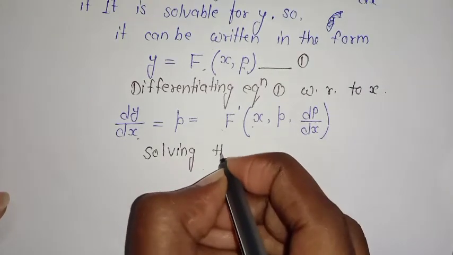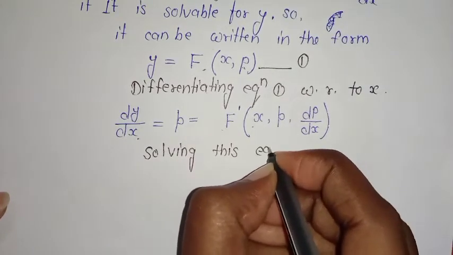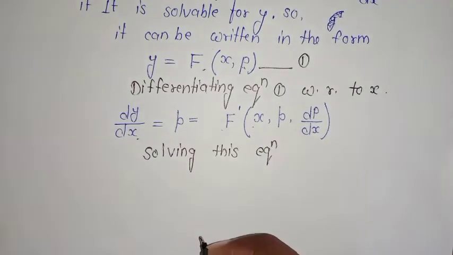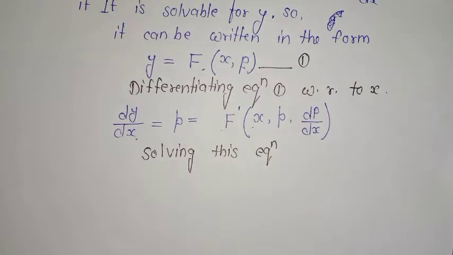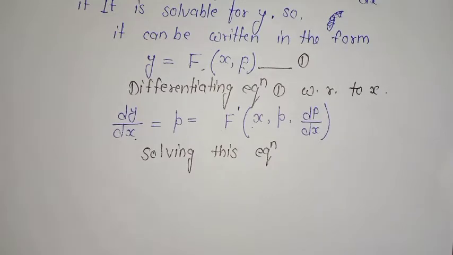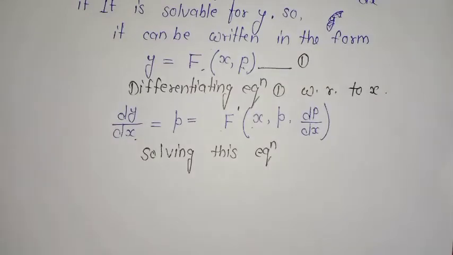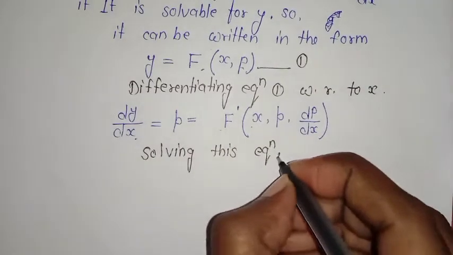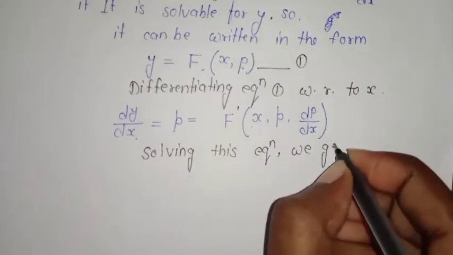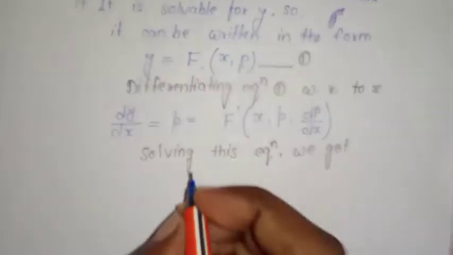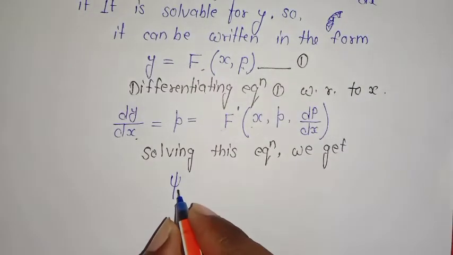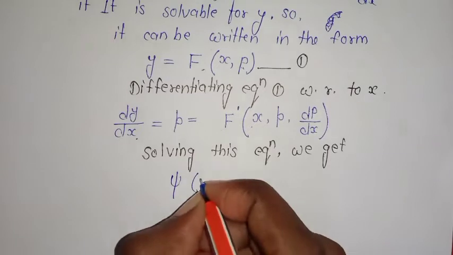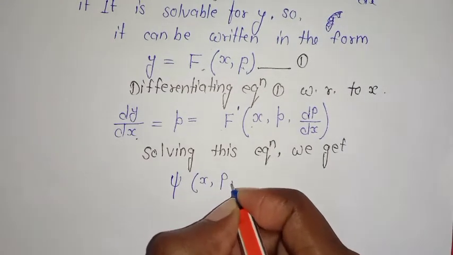Solving this equation, we have discussed so many methods to solve a differential equation: the variable separable method, linear differential equation, homogeneous form. Whichever form is suitable here, we will apply it and try to solve this differential equation. After solving this equation, suppose we get a new function named psi, which is a function of x, p and c.